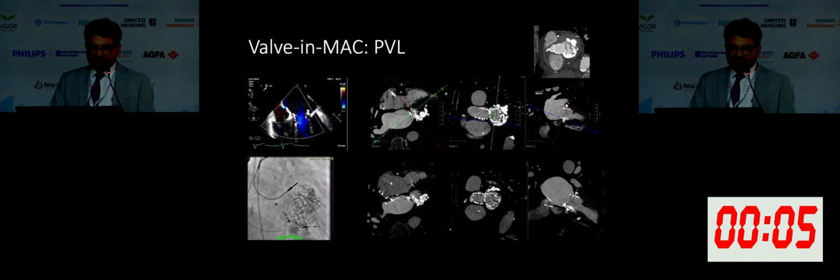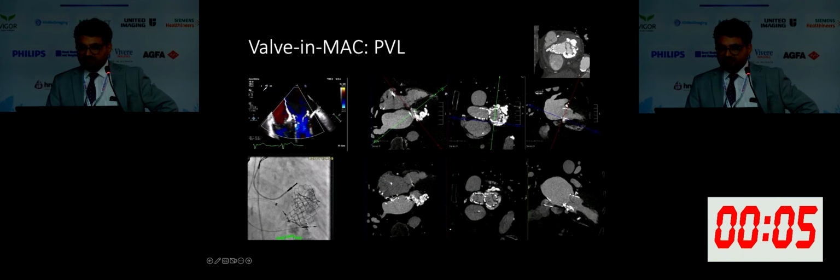This is an example. This is the pre-procedure image. The patient already had a TAVR and they wanted to do a TMVR, and you have a large amount of mitral annular calcification. After the device was placed, there was a leak, which was localized by echo towards the septum inferiorly, and we could reproduce that on CT.